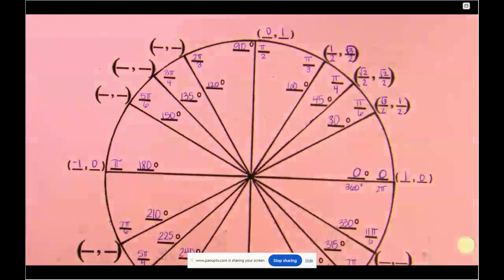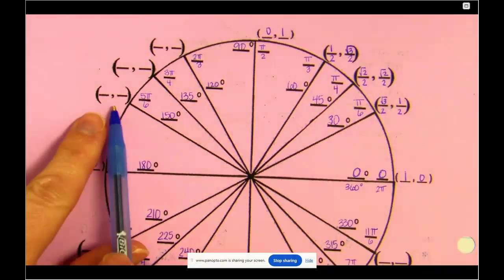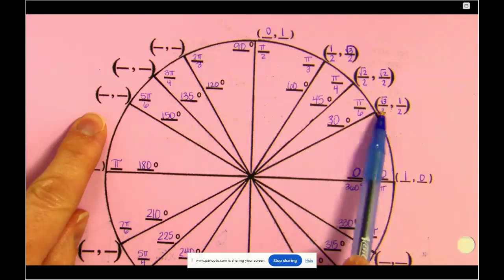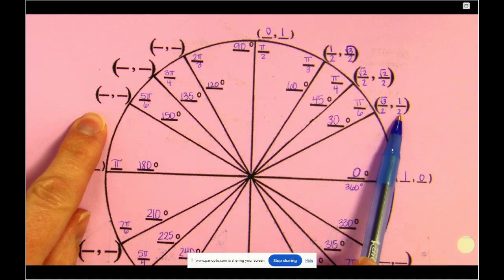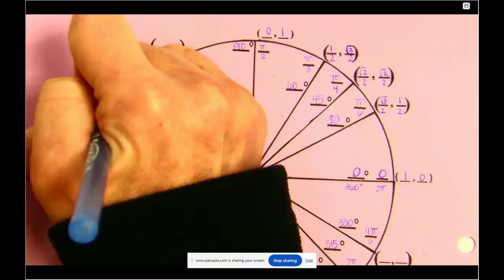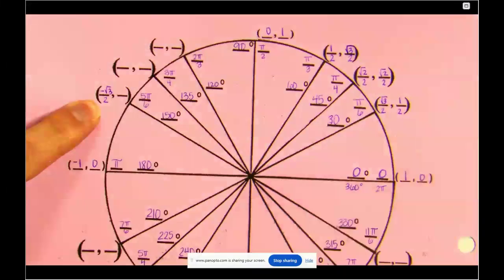Yeah, it's a y-axis reflection. So it has the same x and y values, but the x is negative. So this is negative square root of 3 over 2 and 1/2.